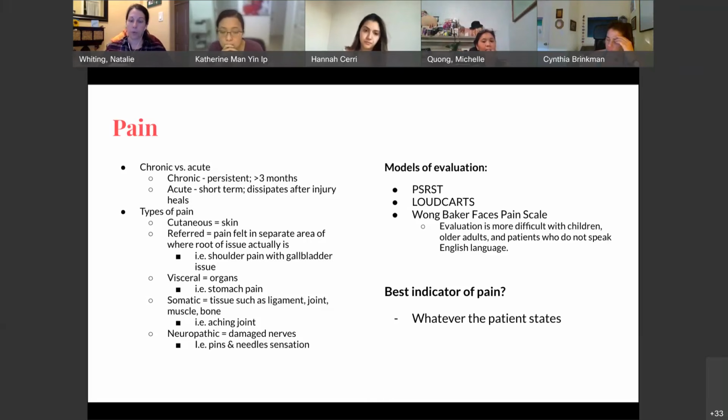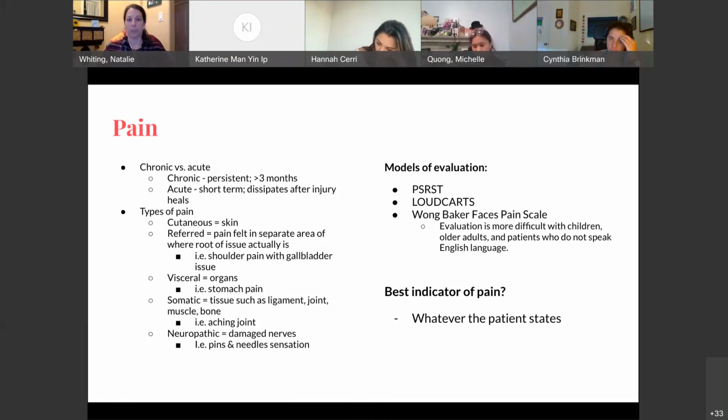We have visceral pain, which is often the internal organs, like the stomach and intestines. We have somatic pain, which is tissues such as ligament, joints, muscle, and bone. And then we have neuropathic pain, which is damaged nerves, and that feels like the pins and needles sensation. Do you guys know what that's called? Paresthesia. Yes, good job.